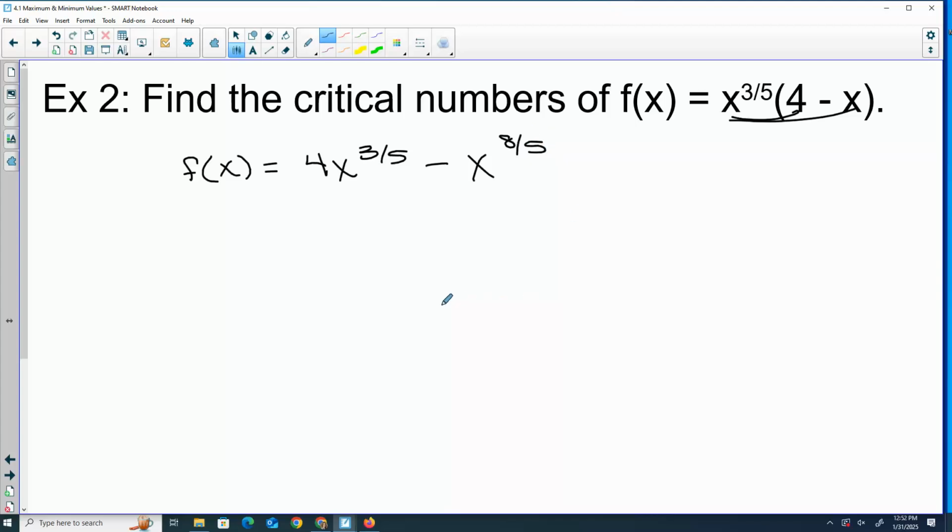This is an x to the first, so 1 plus 3 fifths would be 8 fifths. So then if I do this derivative, that's 12 fifths x. What's 3 fifths minus 1? 2 fifths, minus 8 fifths x. What's 8 fifths minus 1? 2 fifths.